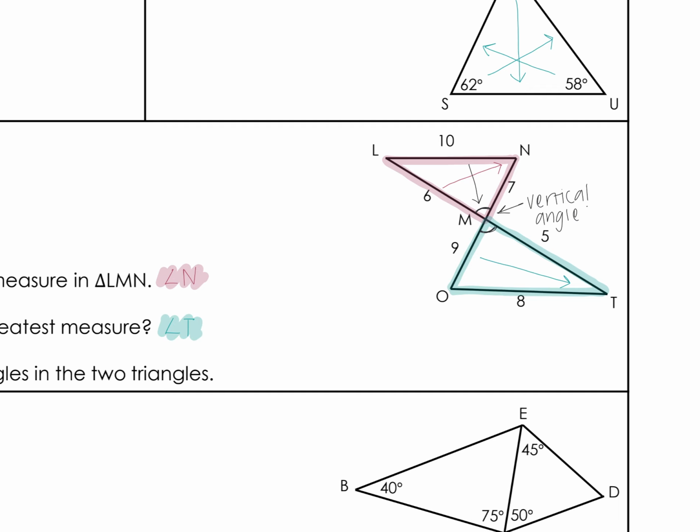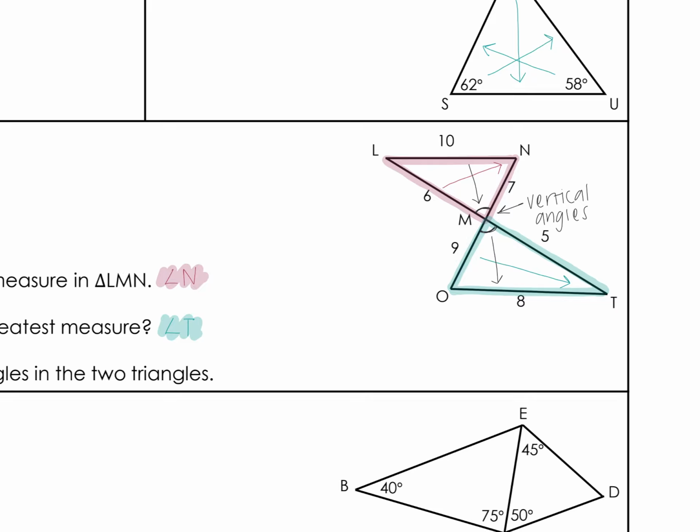And so this allows me to kind of tie the 2 triangles together. But what I notice is when I look opposite of it, it's actually the medium angle. It's not the largest, it's not the smallest, but we can get bigger.